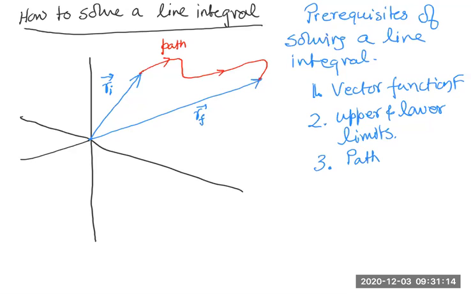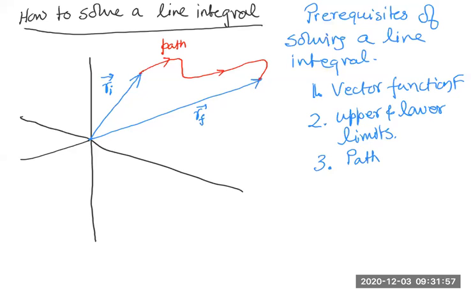And I'm laying down this fact that the value of the line integral will depend not only on the vector function which is to be integrated, not only on the lower and upper limits, which are nothing but the starting and the final point, but it will also depend on the path taken. I don't want to say particle or object, but path taken. That's it.